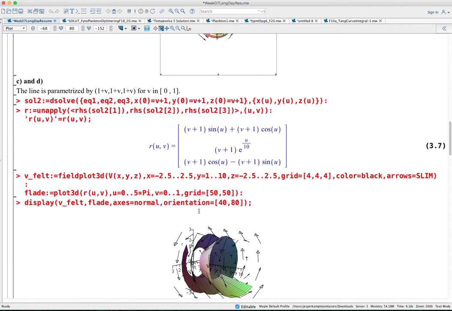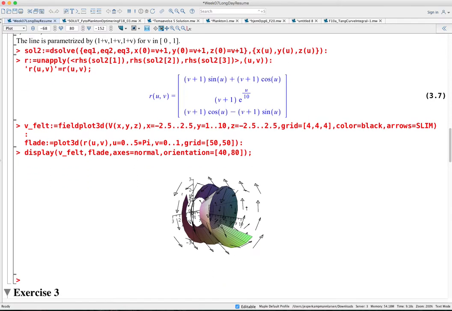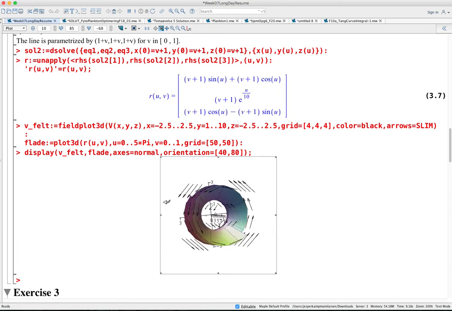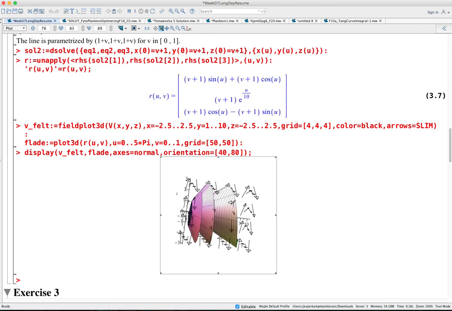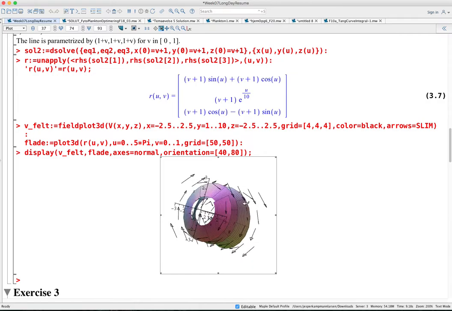And then again you can use the fieldplot in order to show the flow field, and then you can use the plot3d in order to plot your surface. Here again you see that you have this initial line segment.